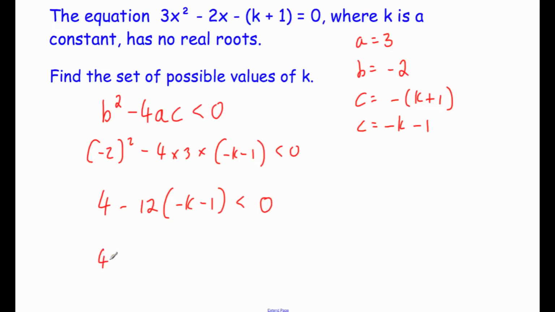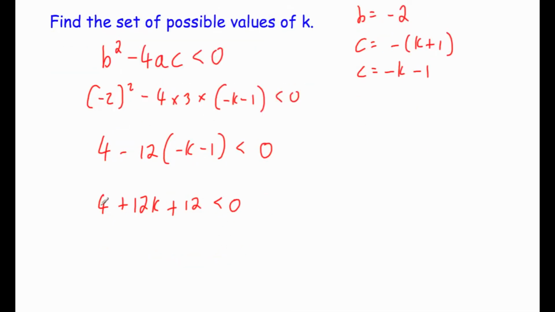So we've got 4, and then negative 12 multiplied by negative k would be equal to plus 12k, and then negative 12 times negative 1 would be equal to plus 12, and that is smaller than 0.